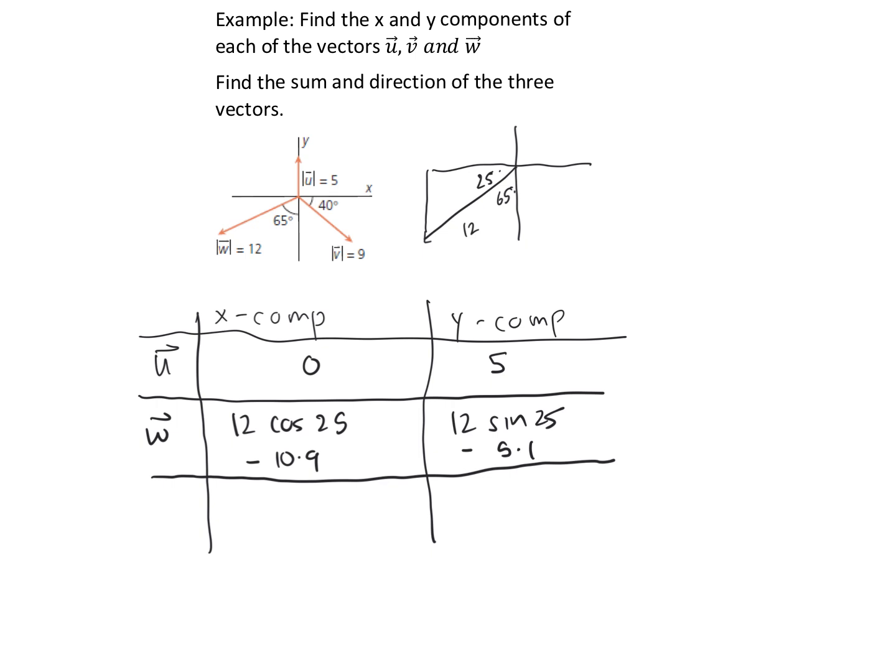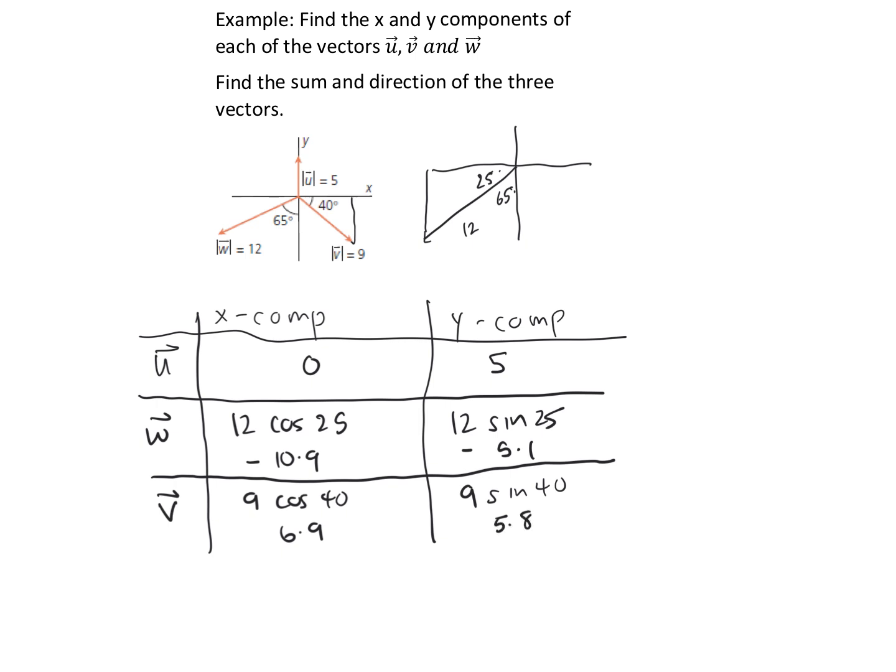And the last one is v. V, I can see it is a 40-degree angle between the vector and the x-axis, so I'm not going to draw a new diagram for that one. Magnitude times cosine 40 and sine 40. So if we calculate that, we get 6.9 and 5.8.